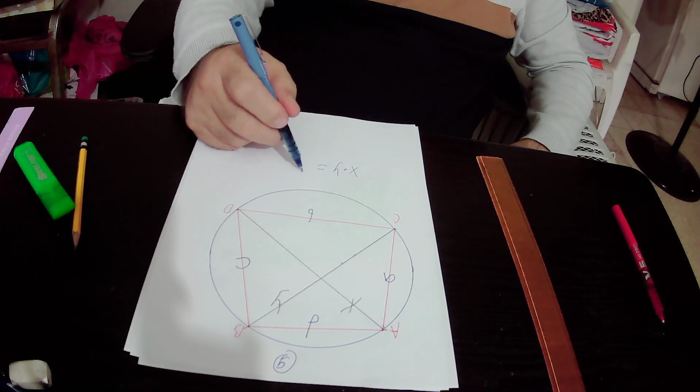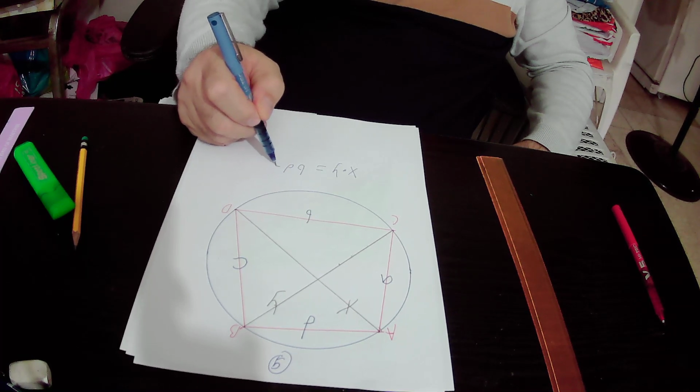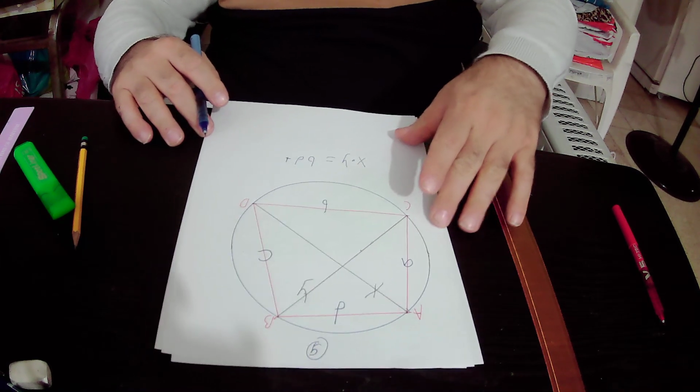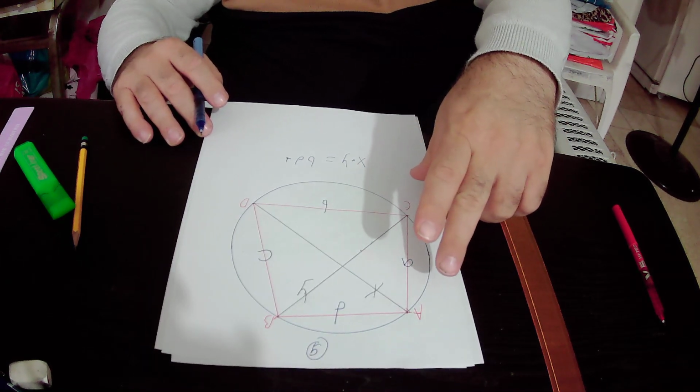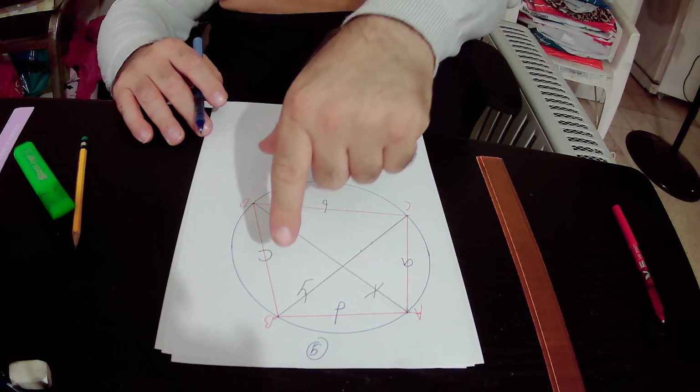That is the first product of its opposite sides, and the second product of its opposite sides is the size of side AC times the size of side BD.